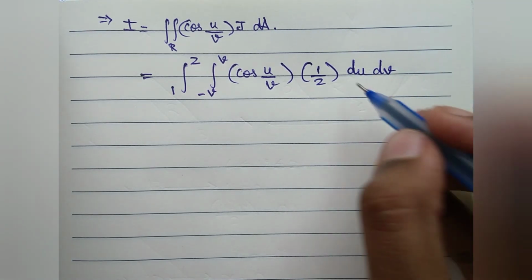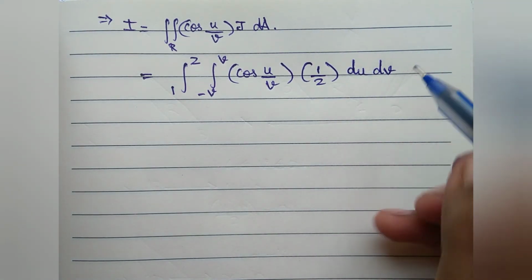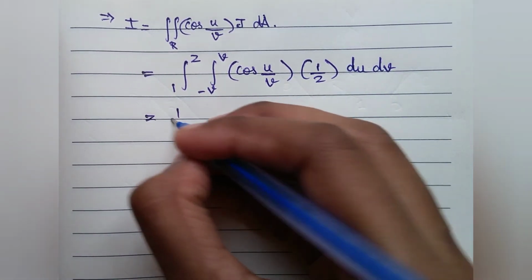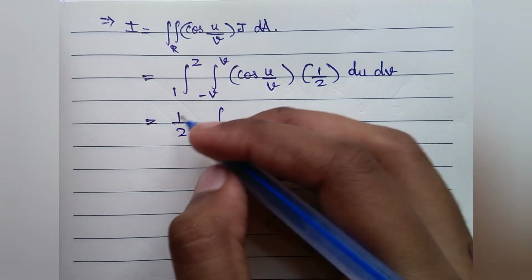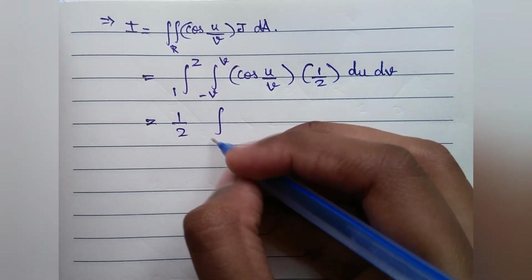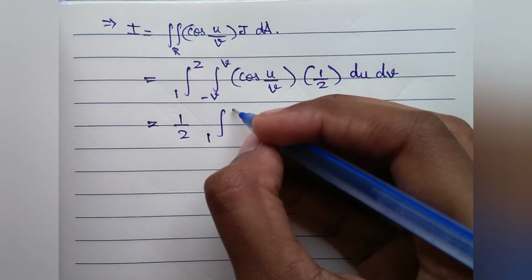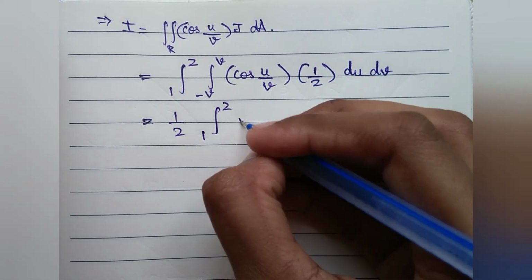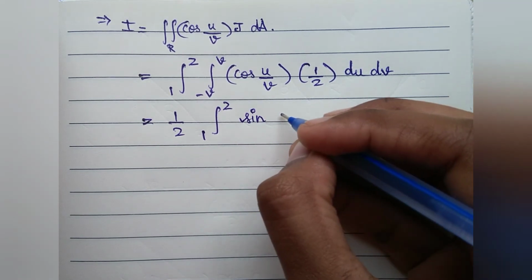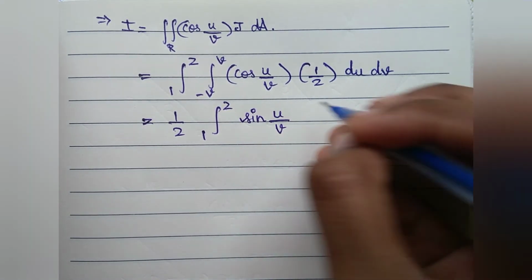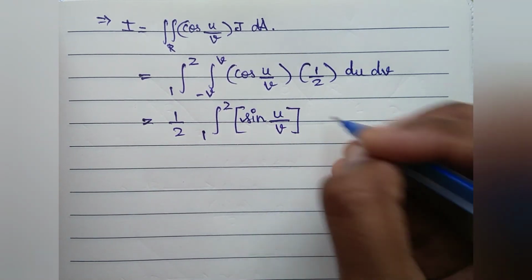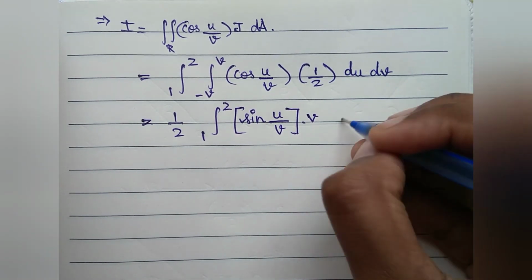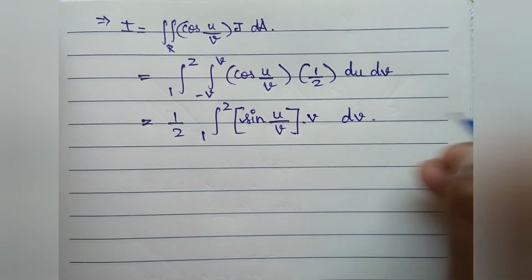So let's first integrate with respect to u, and we can take out 1 by 2 common as it's a constant. We don't have to do anything with it, and this is limits 1 to 2, and the integration of cos is sine, so it will be sine(u by v), and as we have v in the denominator we can write it times v, and there's a dv outside.